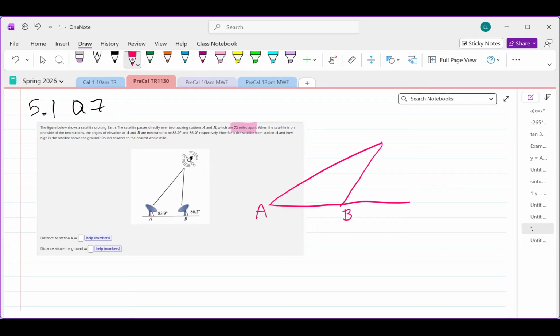So there's A and B, so I guess that makes our satellite C. I've got 83.9 degrees here. And then my 86.2 is not actually angle B in the triangle. It's actually the outer supplementary angle to B. So B is going to be 180 minus 86.2, which is 93.8.